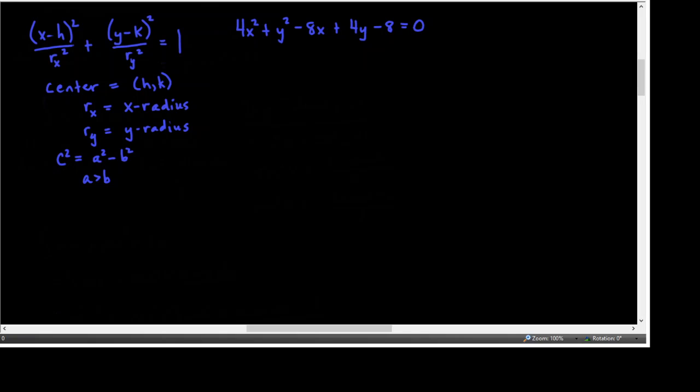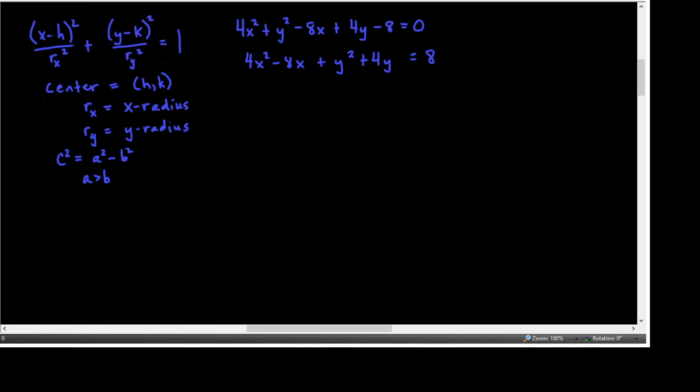All right, so we're going to need to complete the square to get the equation in that standard form written over there to the left side. So I'm going to suggest that what you do first is get all of the x's together, then get all the y's together, and then any constant, I would just go ahead and move it to the other side.